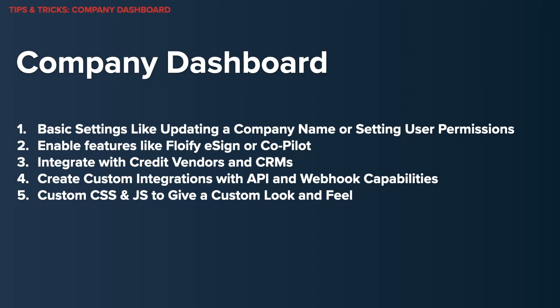And if you're looking to get a little more technical, a company admin can work with the developer to build integrations to connect Floify with other systems, such as CRMs that we currently don't have an integration with, or Zapier integrations through the use of our API and webhook capabilities. You can even work with the developer to add custom CSS and JavaScript to customize the look and feel of the portal for you and your borrowers.